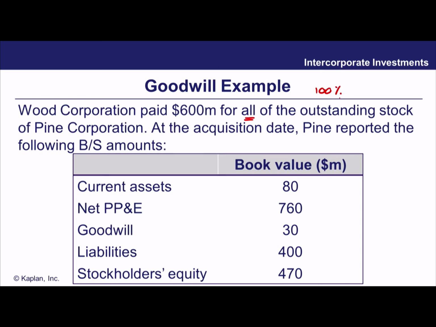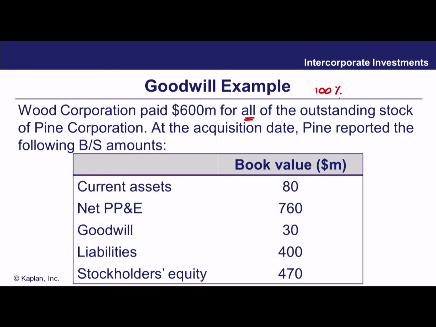So notice in our subsidiary, and this is the subsidiary's accounts, we've got its current assets of 80 million, its net PP&E, so that would typically be the cost of your PP&E less accumulated depreciation. We've got goodwill, so obviously Pine, the subsidiary, has invested in other companies in the past, has invested in other subsidiaries. And that's the goodwill that it's sitting in the subsidiary's balance sheet. We've got liabilities of 400 and stockholders' equity of 470.